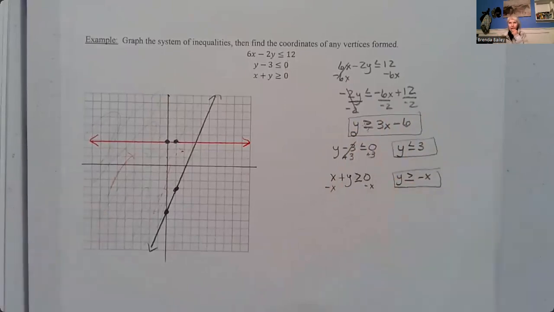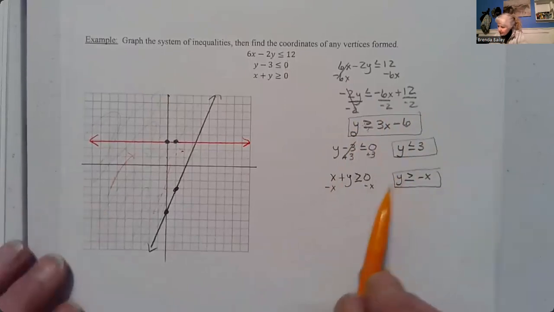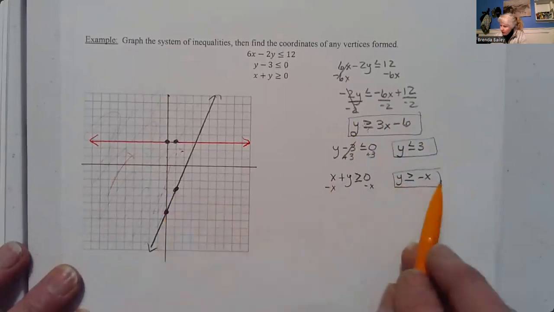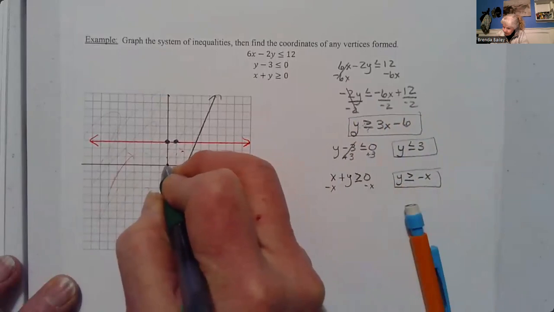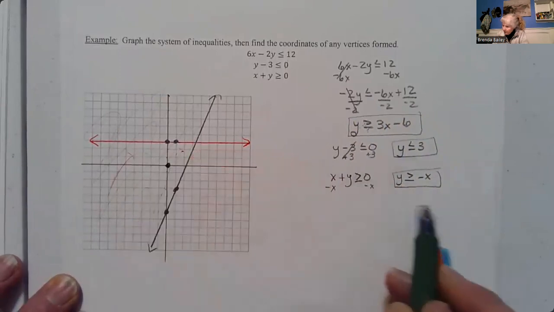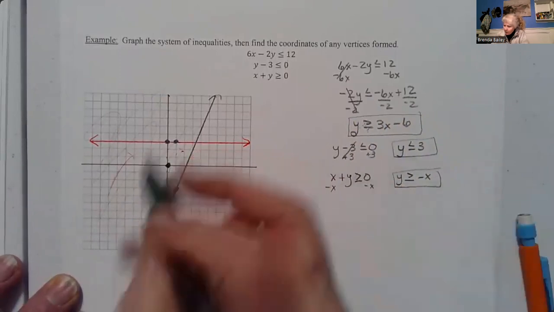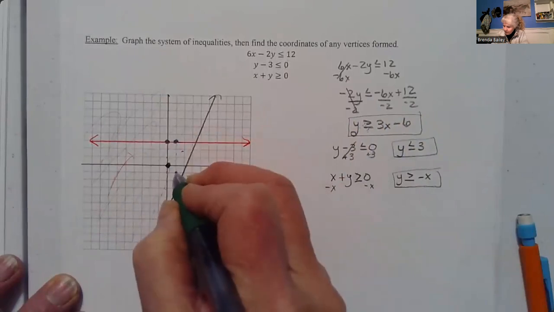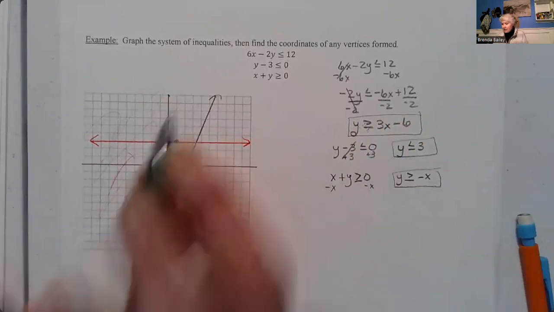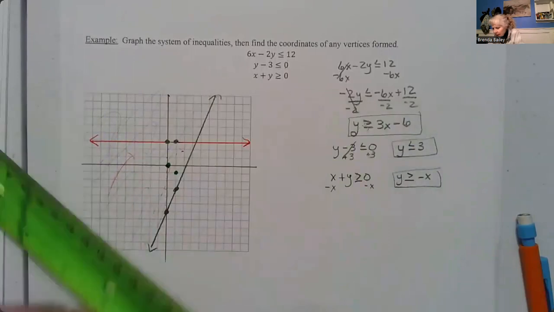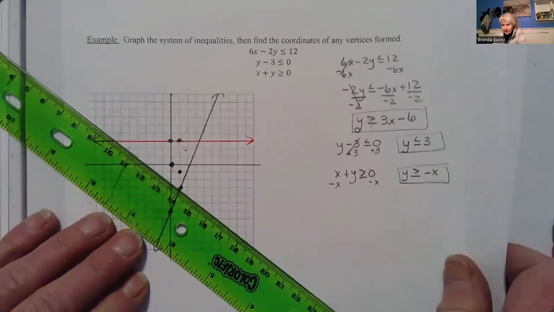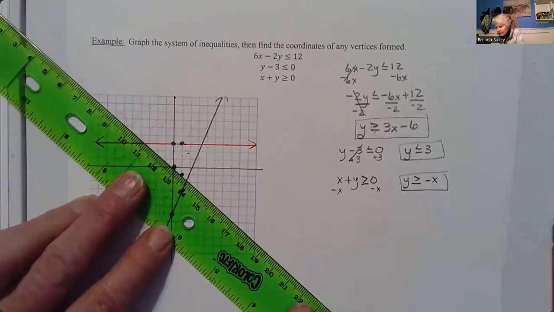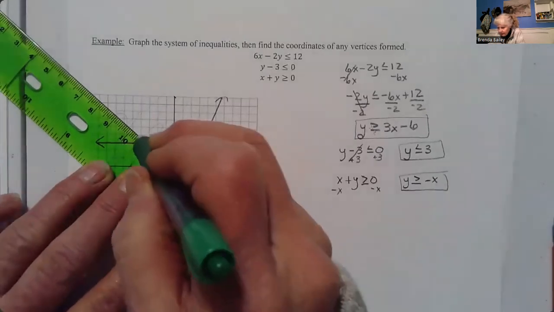Okay. Now what we'll do is we'll go to 0 on the y. I guess we'll just do the green. It hits at 0. We're going to go down 1 and over 1. And like I said, all of these are solid because they all have that equal. So I'm going to connect these up here.